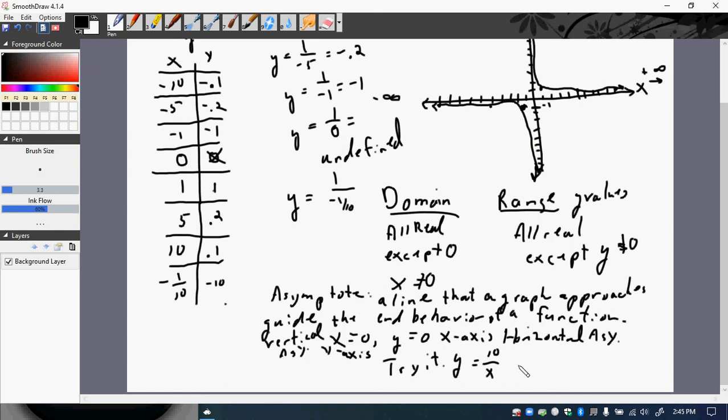And then when you're done, tell me what the domain is. What is the range? What are the asymptotes? Okay. Where are the asymptotes in the equation? Can you write the equation like we did for the asymptotes here? x equals 0, y equal to 0. And then once you're done, take a picture and email that to me. Okay, thank you.